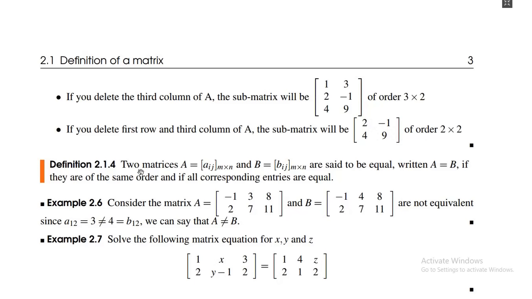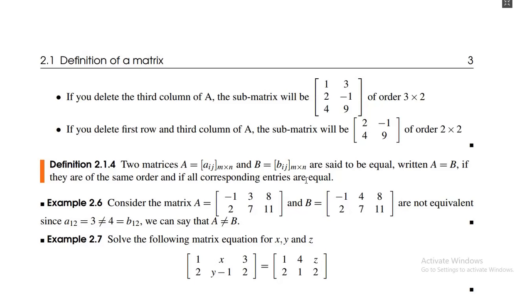Another definition: two matrices A with entries Aij of order m by n and B with entries Bij of order m by n are said to be equal, and we can write A equals B, if they have the same order and all corresponding entries are equal.